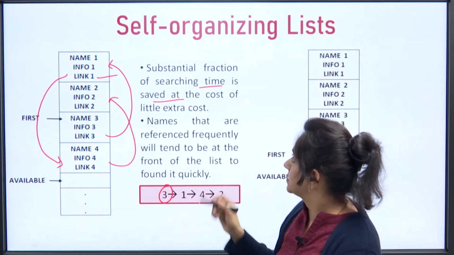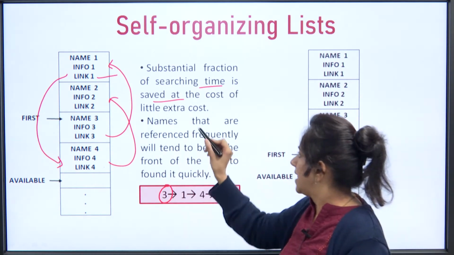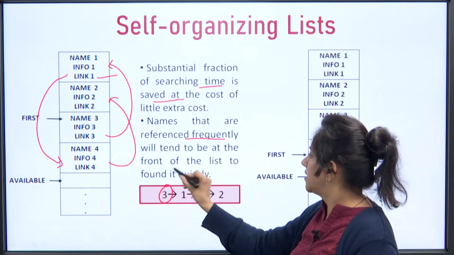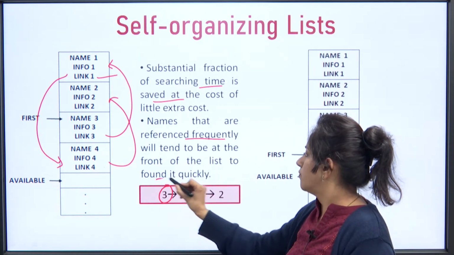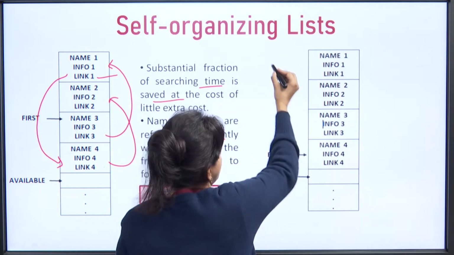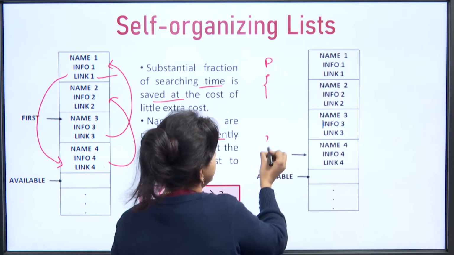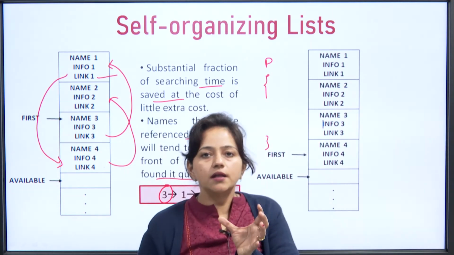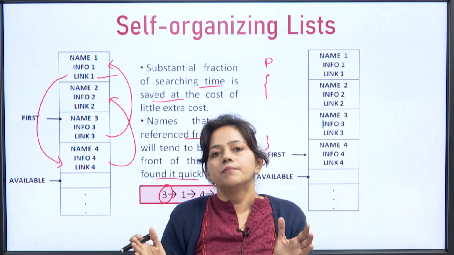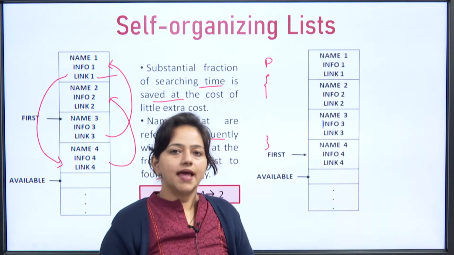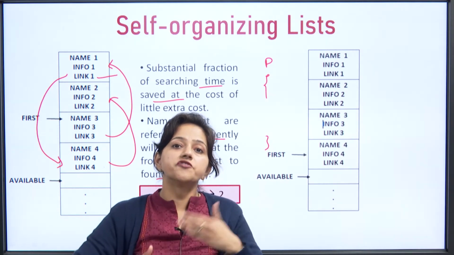Now, what is the self-organizing list? Here, names that are referenced frequently will tend to be at the front of the list so they are found quickly. What is observed is that if you are writing a program and it is analyzed, a small set of variables are used in a small section of the program. So there are certain variables that are used frequently.